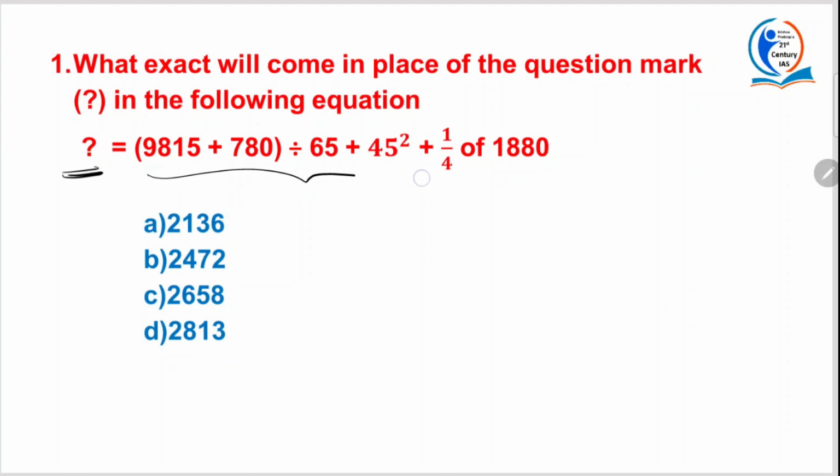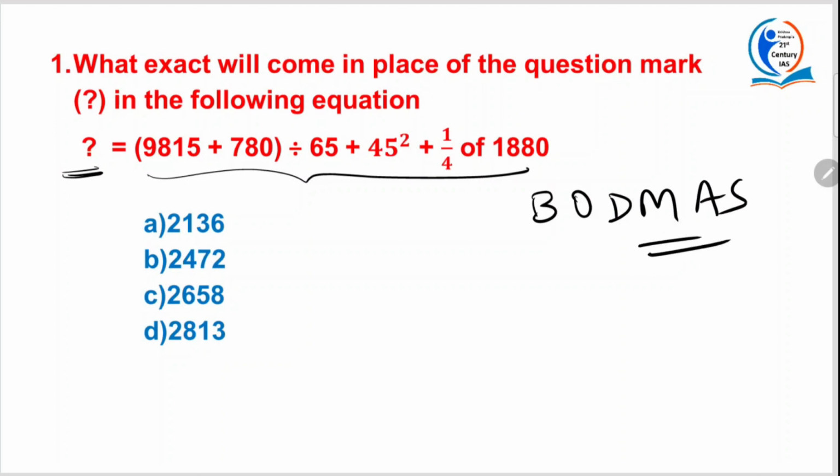Now, if you see the right hand side of the equation, again, we need to follow the BODMAS rule. Please recall the BODMAS rule which we have discussed in the previous sessions. Bracket of, division, multiplication, addition and subtraction. This is the order of precedence of operations that you have to do in a given equation.